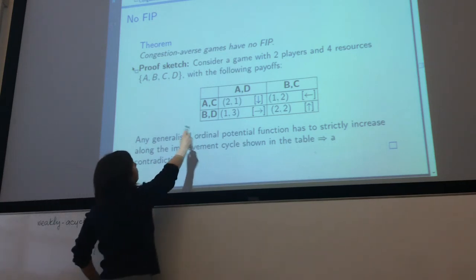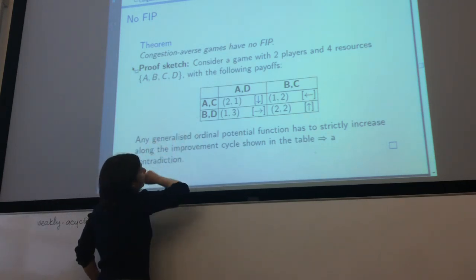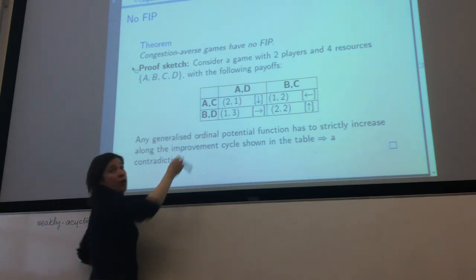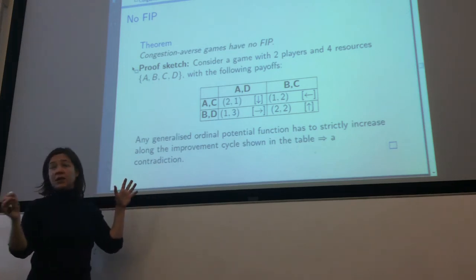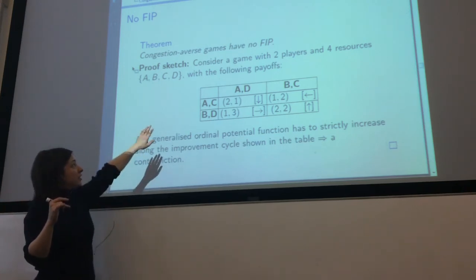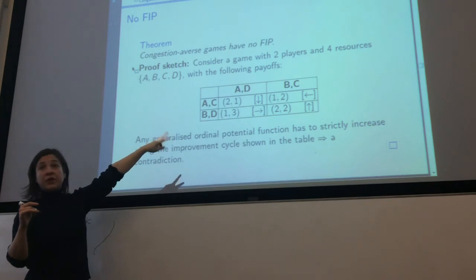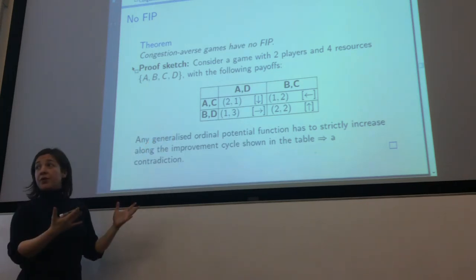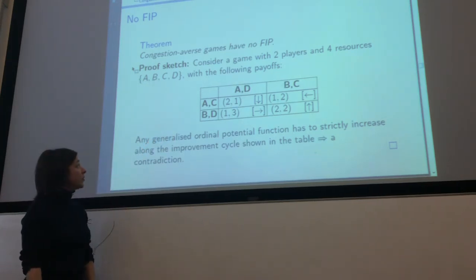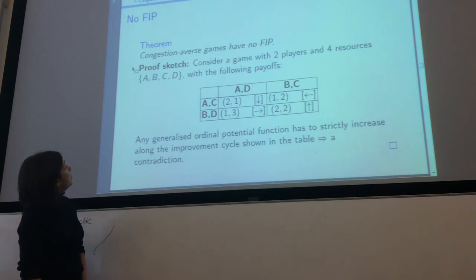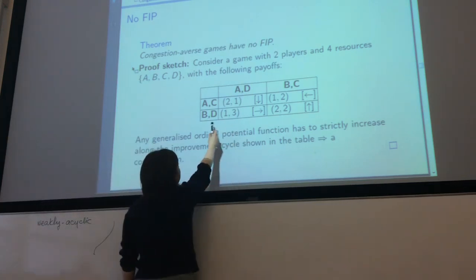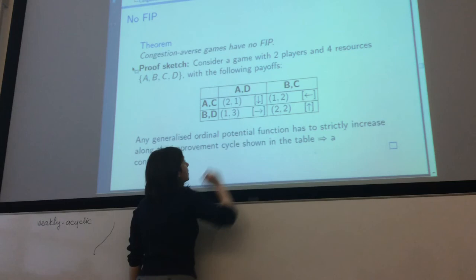We have 4 resources and 2 players, and I do not consider all possible profiles, and consider only 4 combinations where I will show that it's impossible to construct an ordinal potential function. So the payoffs would be 1, 1, 3, and so on.